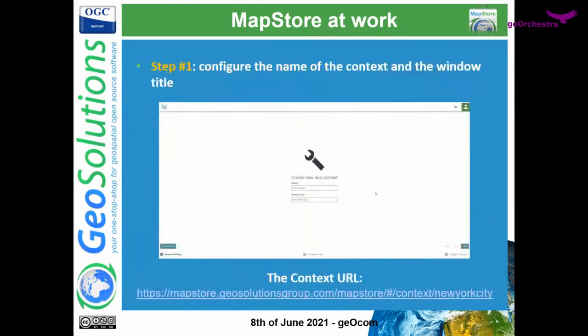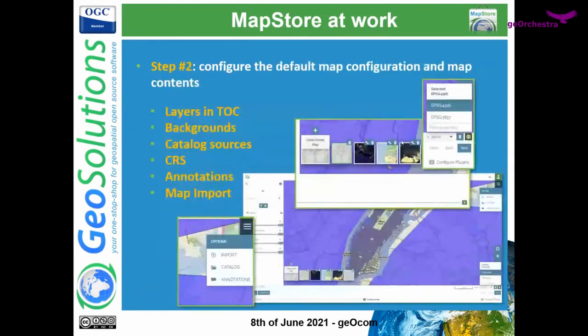This is possible through a multi-step wizard, where you can choose the name of the content, and the URL changes accordingly.